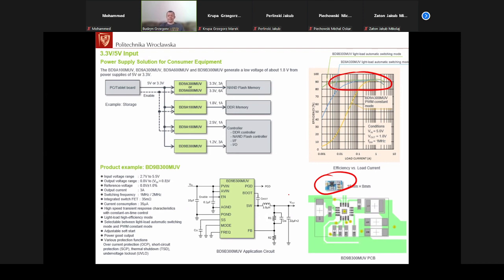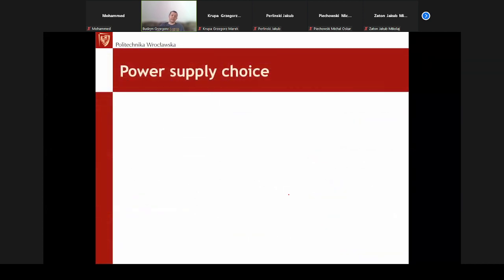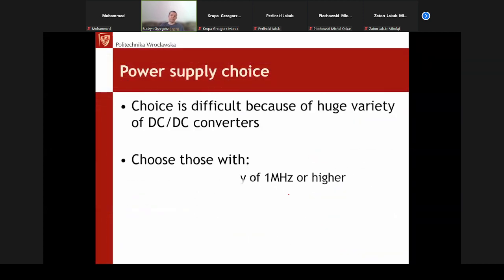So in general, again, switching regulators are better than linear, but it really depends a bit on your perspective. Normally, and that's a bit surprising, the choice is difficult because of the huge variety of DC-DC converters. It's kind of difficult, in fact, to decide which regulator to use.